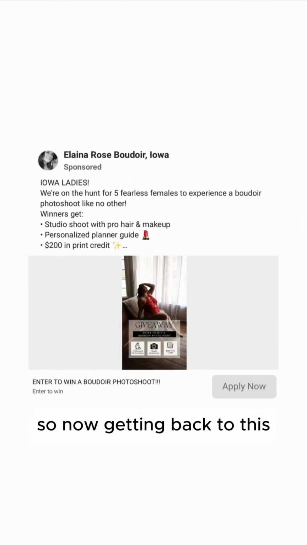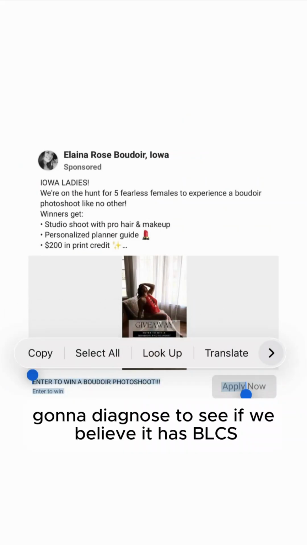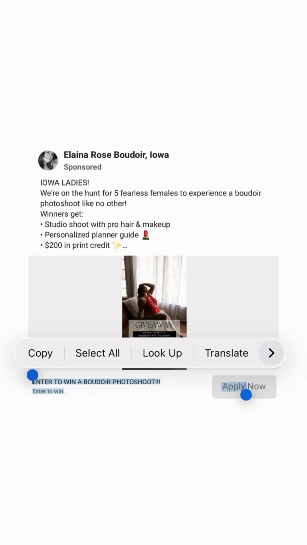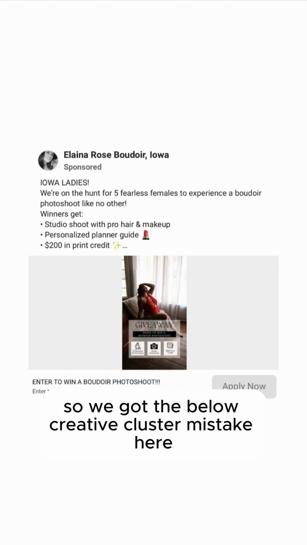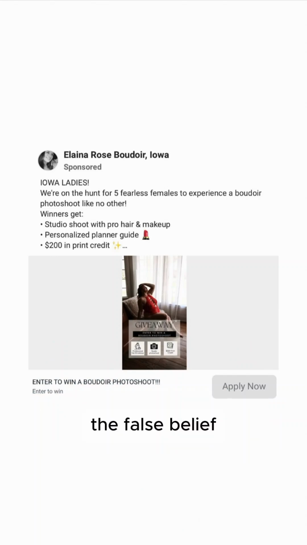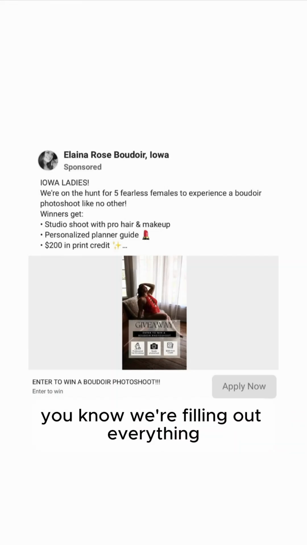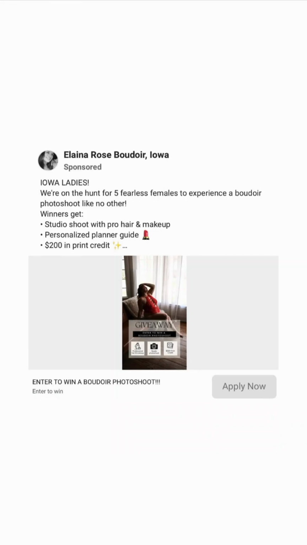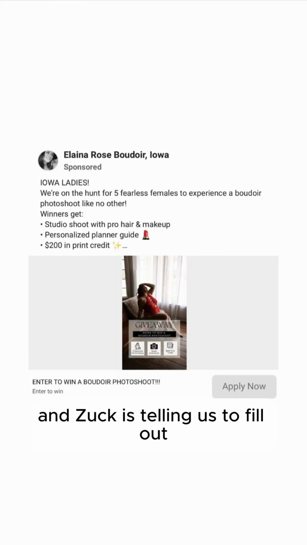So now, getting back to this, I'm going to diagnose to see if we believe it has BLCS, yes or no. So we got the below creative cluster mistake here. The false belief that caused us to make this mistake is, we're filling out everything in Boudoir, the Facebook Ads Manager, and Zuck is telling us to fill out.